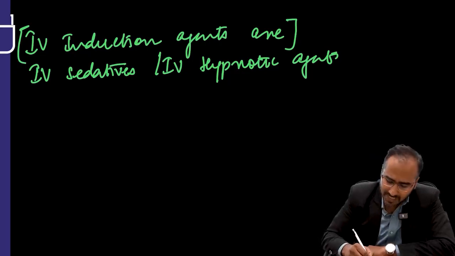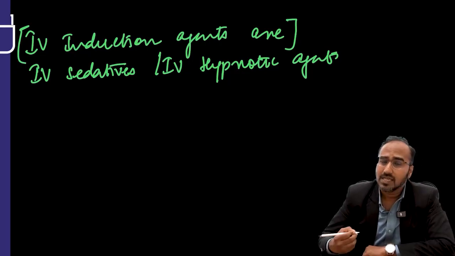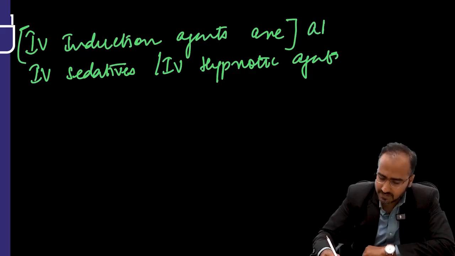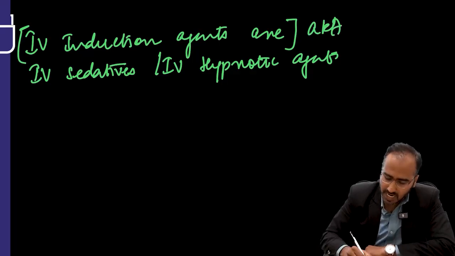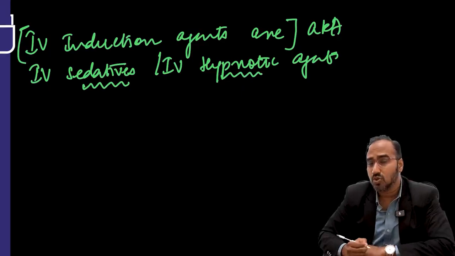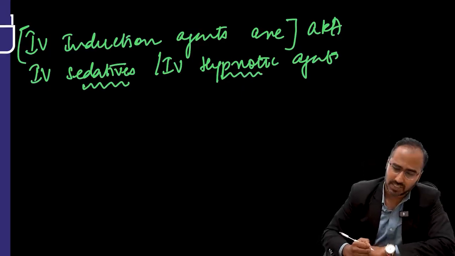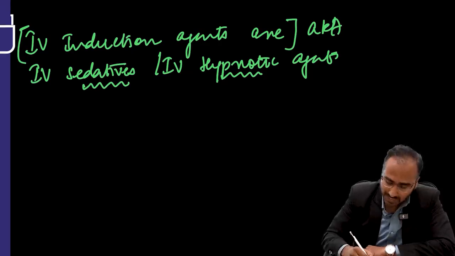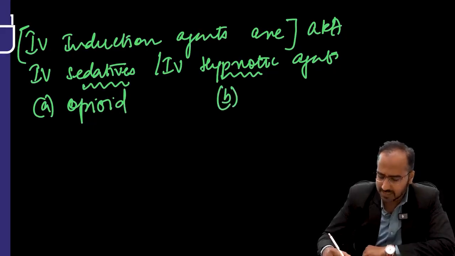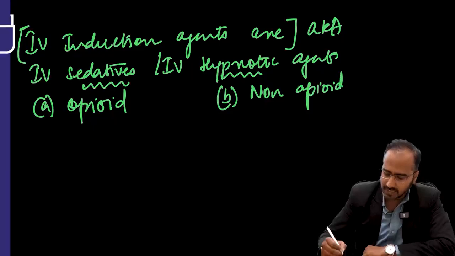There are two types of IV induction agents. First of all, you need to understand IV induction agents are also called IV sedatives or IV hypnotic agents. There are two categories of IV induction agents. One category is the opioid category. The other category is the non-opioid category.